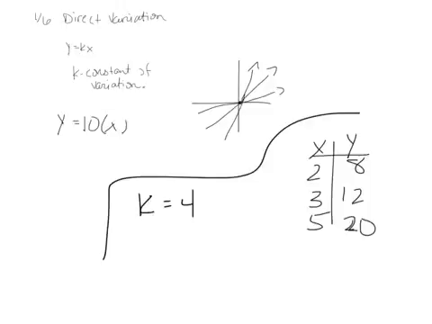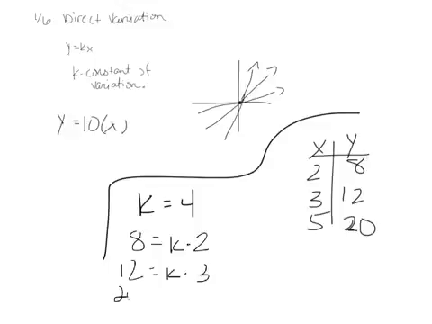Well, there is a mathematical side to this. Instead of just looking at it and going, oh, I see the number, you could write 8 equals k times 2. Solve for k. What do you get? k equals 4. Then you could write 12 equals k times 3. What does k equal there? 4.